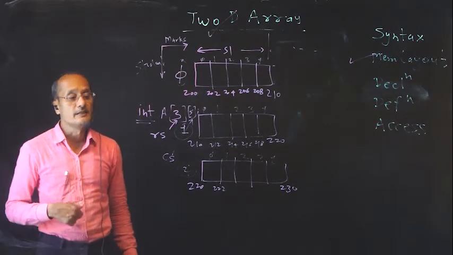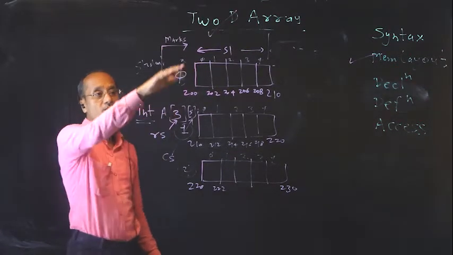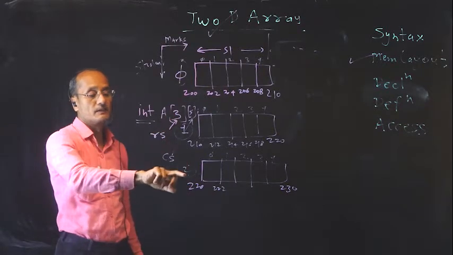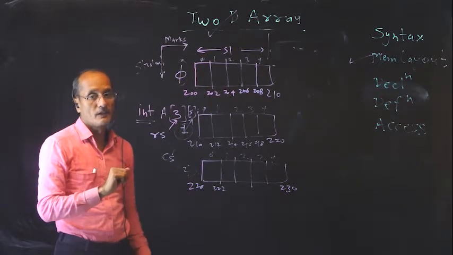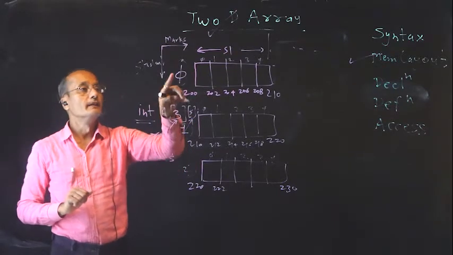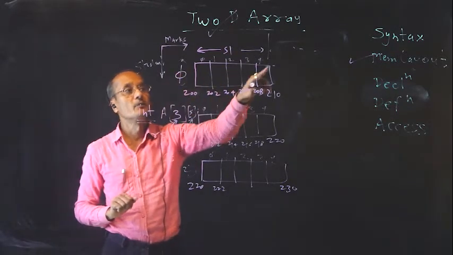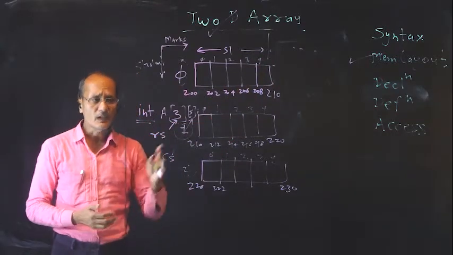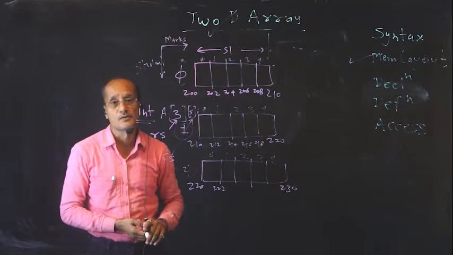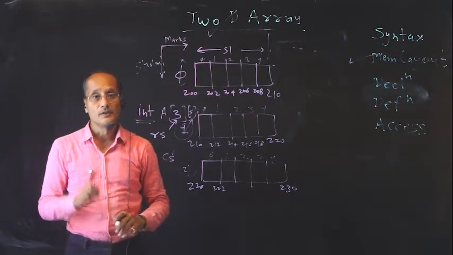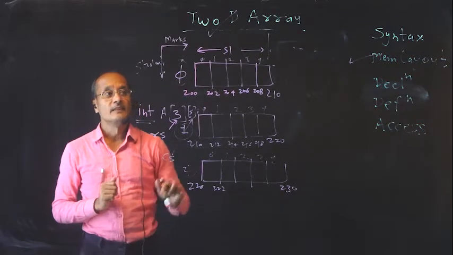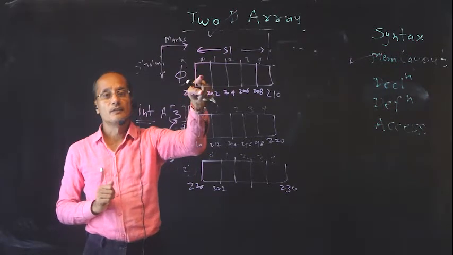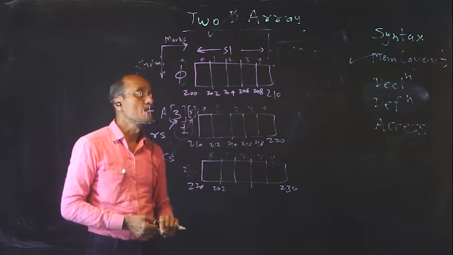Thus we also see that if my row size is 3, the row index will never be 3, it will be at most 3 minus 1, that is 2. If my column size is 5, then the column index will never be 5, it will be 1 less, that is 4 maximum. This is because in a two-dimensional array also, we do 0 indexing. That is, the first element in the 2D array is row 0, column 0, and then we grow. This was thus the memory layout.